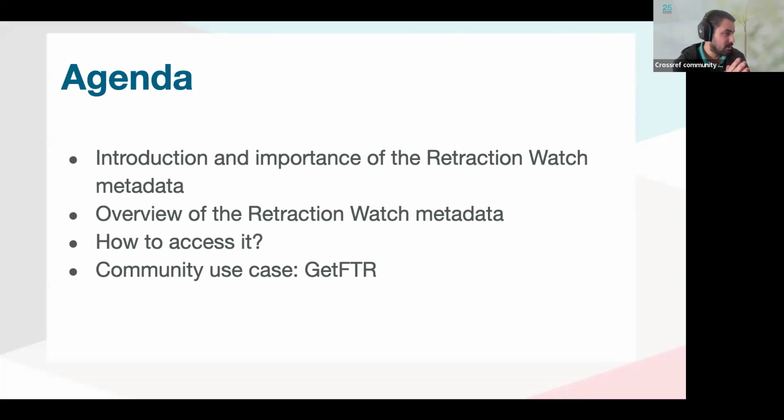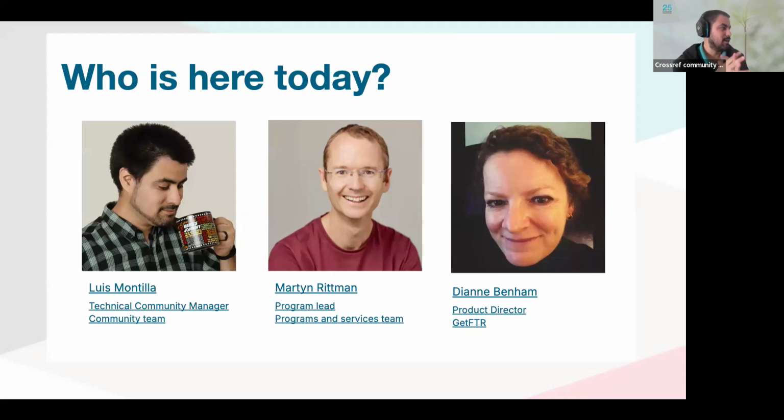And as I was saying before, we will also cover a community use case of this metadata, in this case from GetFTR. Joining me today is also Martin Riedman, my colleague from Crossref, program lead from the programs and services team, and also Diane Benham, product director from GetFTR. And with that, I will hand it over to you, Martin.